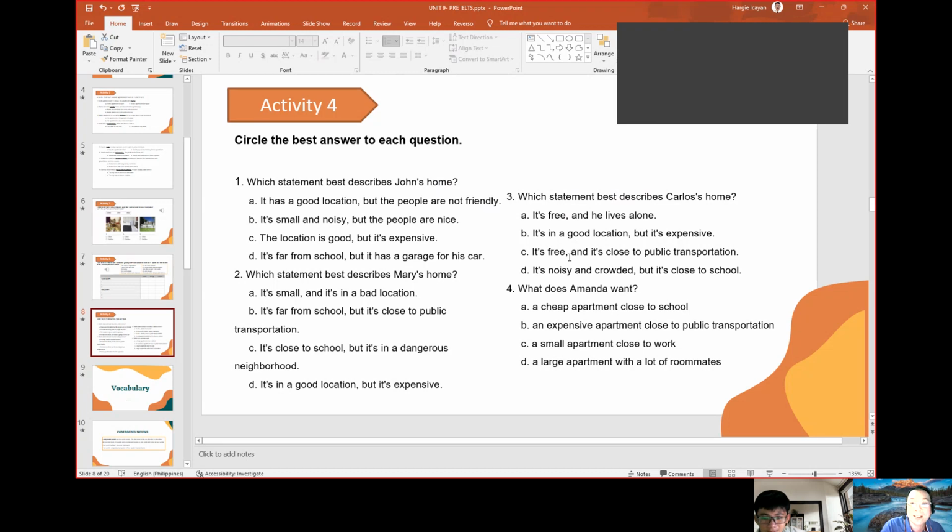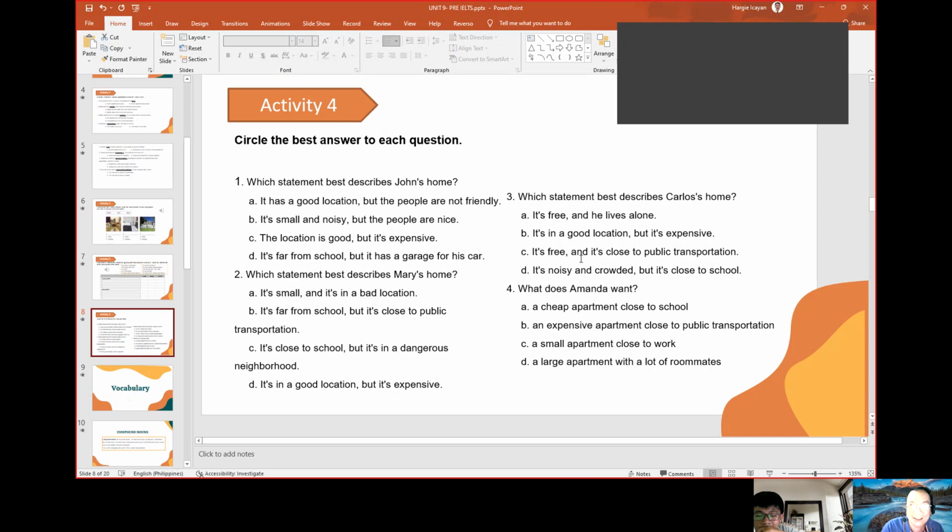It's okay not to use the but, but make sure to use a comma to separate the first clause from the second clause. We use and here because it has a connection with this. It's free and it's close to public transportation. That means it's all positive, not negative, right? Therefore, we use and instead of but.